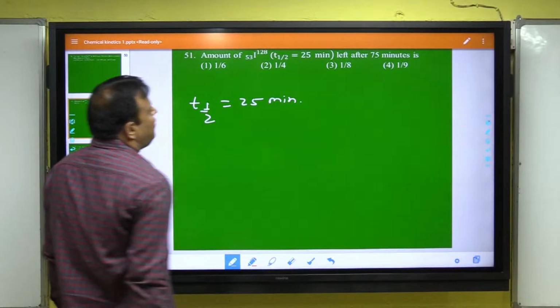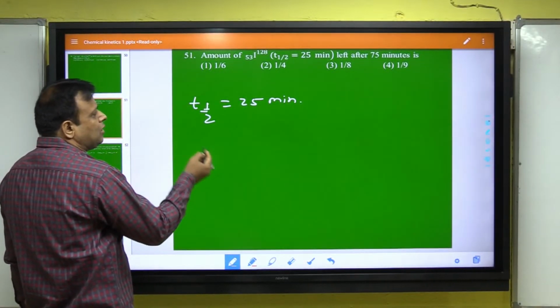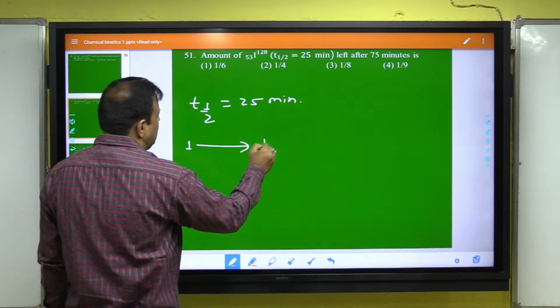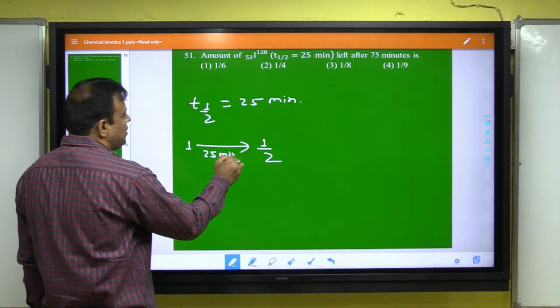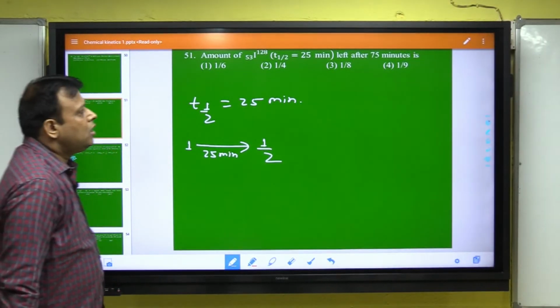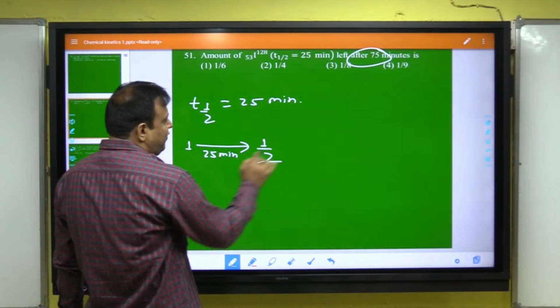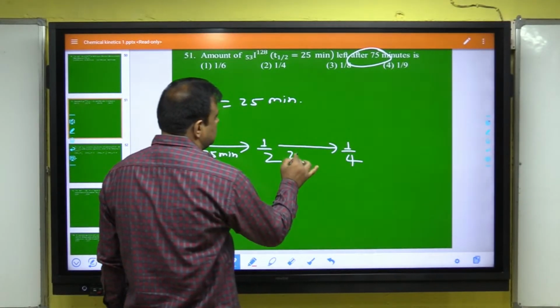In the first half-life, it will be 1 by 2, taking 25 minutes because it is the half-life. After the next 25 minutes, it will be 1 by 4.